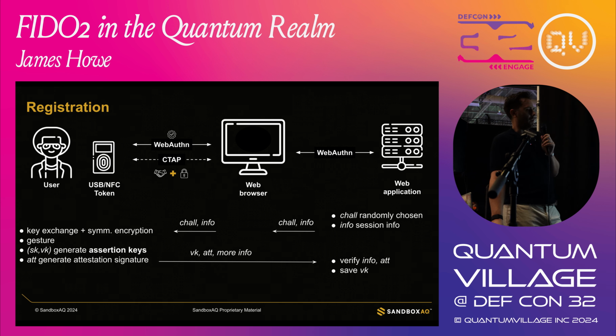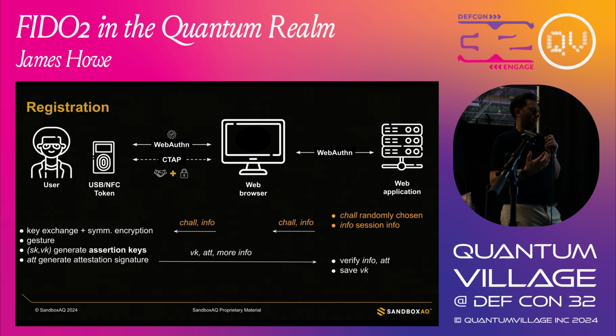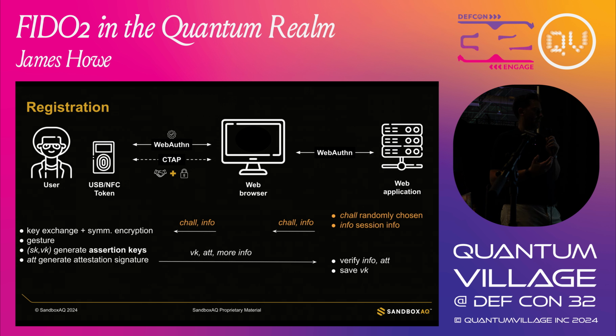So this is the flow of the protocol. It begins with the web application sending some challenges to the token via the web browser. This then uses a key exchange. It uses symmetric encryption as well, and it requires a gesture.